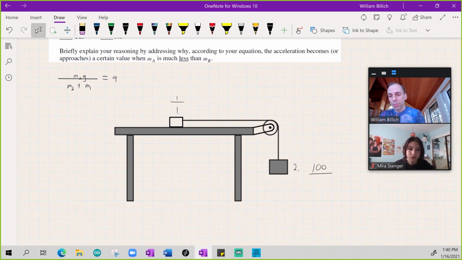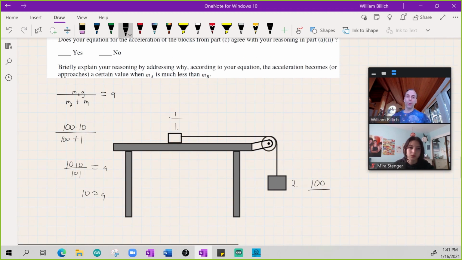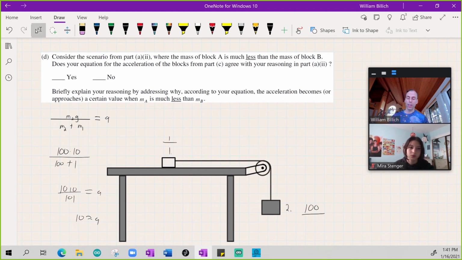And plug those in. So look, that's 100 times gravity, I'm just going to call that 10, over 100 plus 1, right? So this is about 1,010 over 101, and that's about an acceleration of approximately 10. So here I've proven it, right? I've done a brief mathematical substitution.